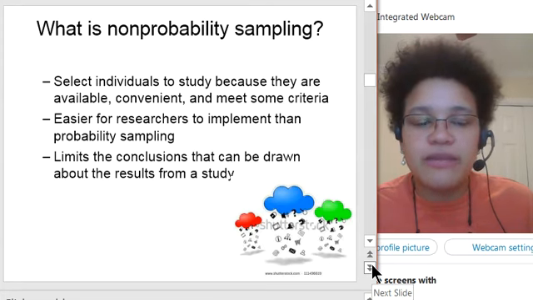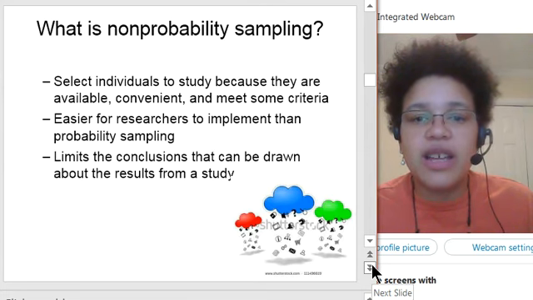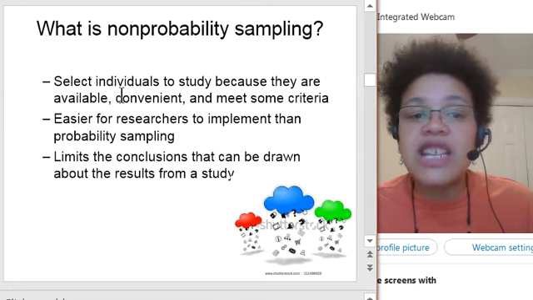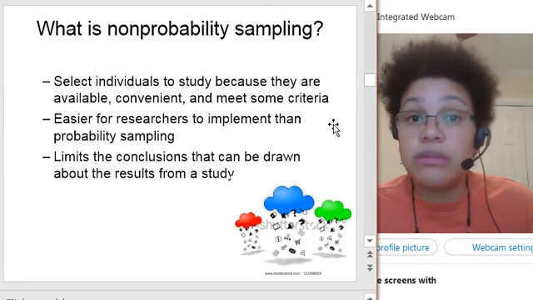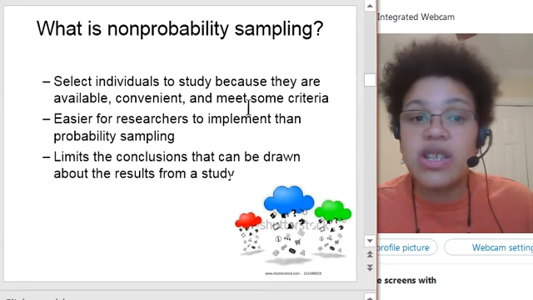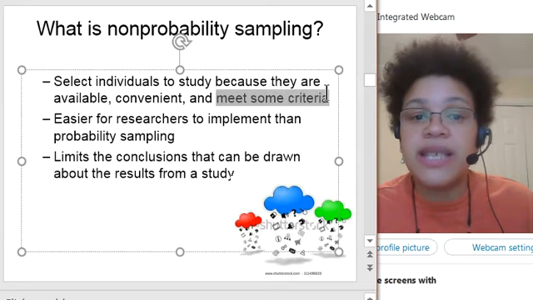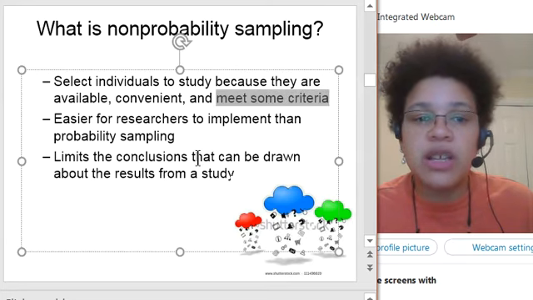Non-probability sampling, which honestly is what happens in most research because it's a lot easier. You select individuals to study because they are available, convenient, or they meet some criteria, which is not always easy, to find people who meet specific criteria.